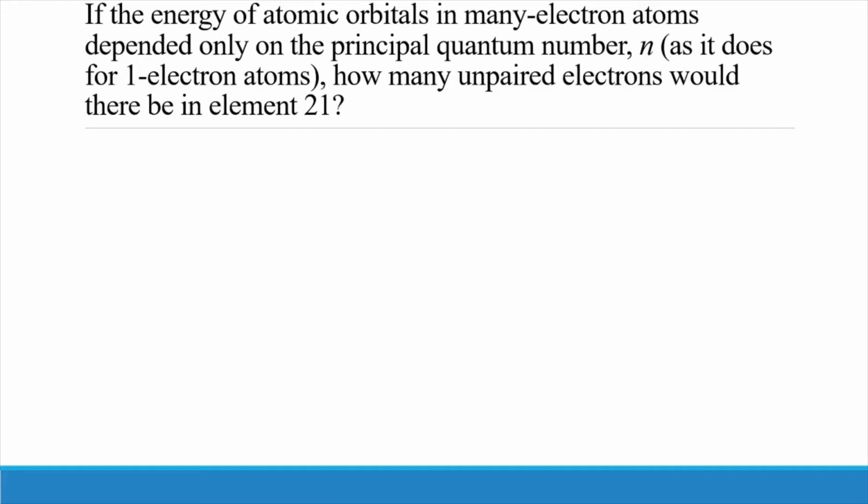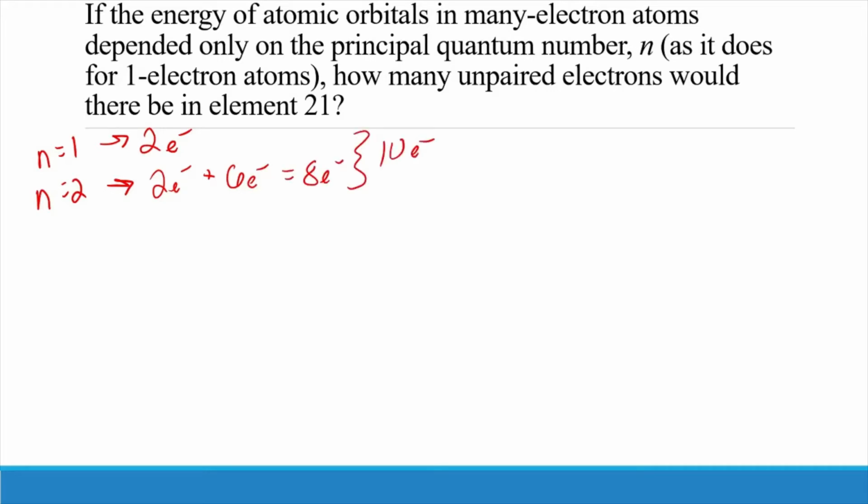So at n equals 1, we can handle 2 electrons. And at n equals 2, in the SPD world, there's 2 electrons plus 6 from the p shell that we're looking at, so that's 8 electrons. So that means in total we have 10 electrons in n equals 1 and 2.